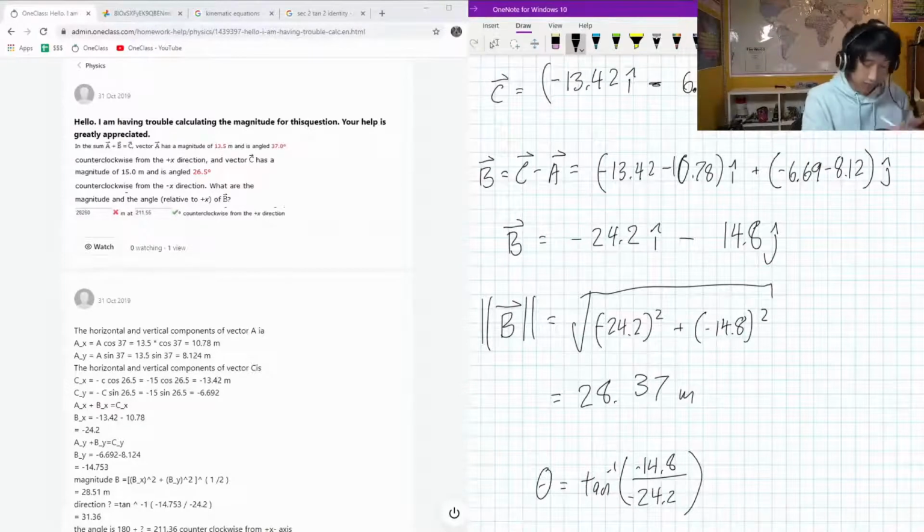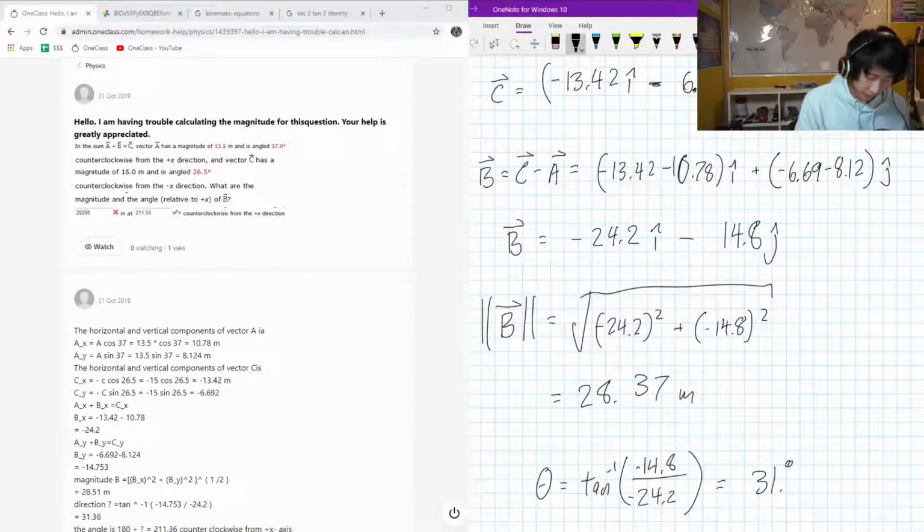Tan inverse of 14.8 divided by 24.2, and my calculation for this is 31 degrees, just round it off.